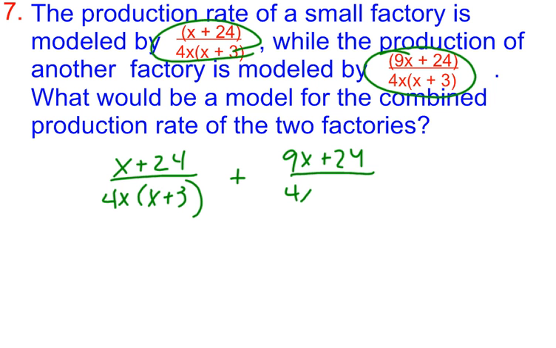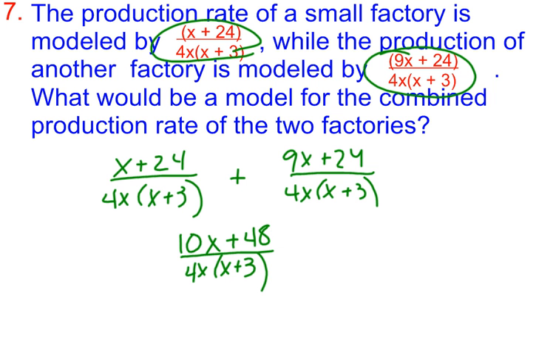The best part about it is they already have common denominators, so I can literally add like terms in my numerator and then put it over my denominator. Then when I go to simplify this, I would try to factor out anything that I could.